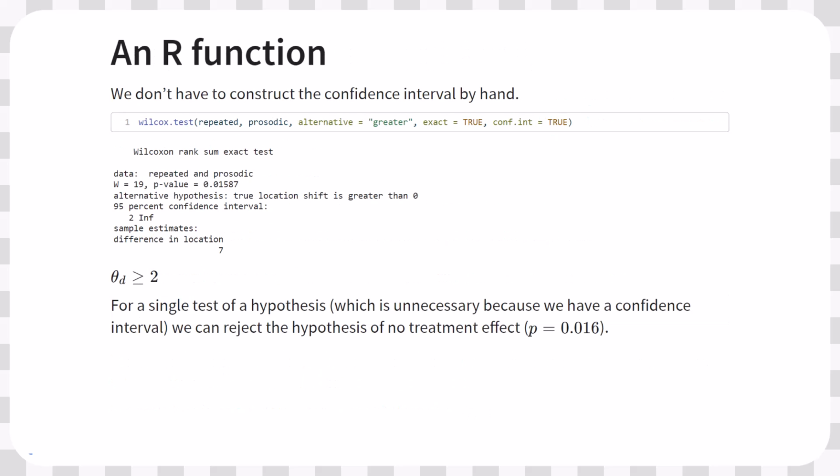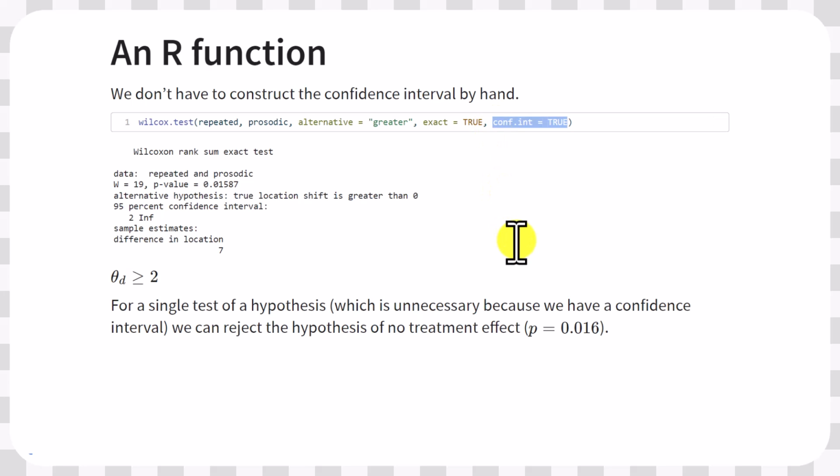We don't have to do all this by hand. I showed you by hand because I believe that it's always good to know how these things work and why they worked, but we can jump right now to an R function. In fact, the wilcox.test that is in base R actually has a way to do this. All we have to do is turn on the confidence interval.